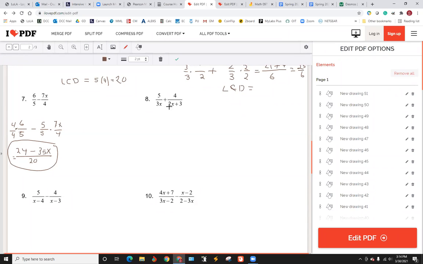So what were they? 3x. All right, so that's the LCD. So we just multiply each side by the missing part. Let me know when you get an answer on it.